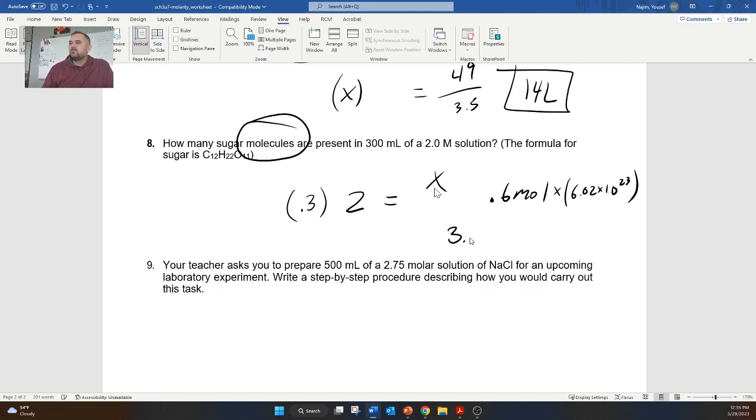So it's 3.612 times 10 to the 23rd power. All right, that's it. And this is going to be molecules of C12H22O11.